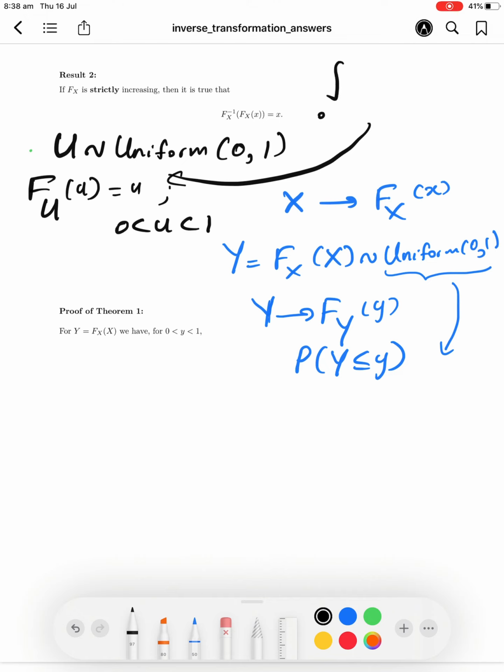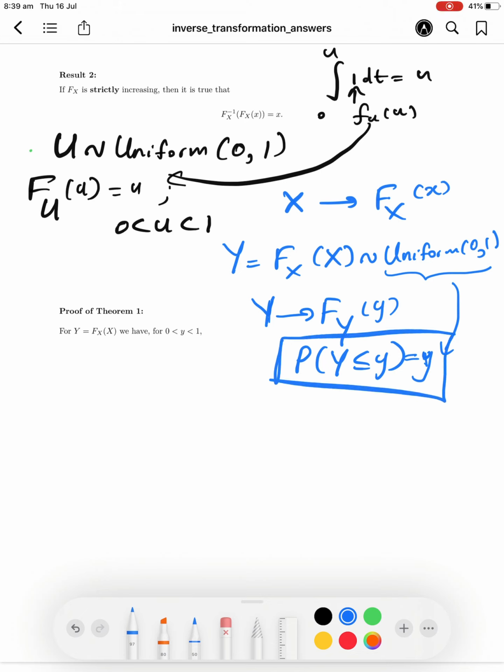You have to integrate this one, 1 dt, then you will get t. This is FU u. Okay. So in other words, here we have to show this is equal to y. This is what we need to show.